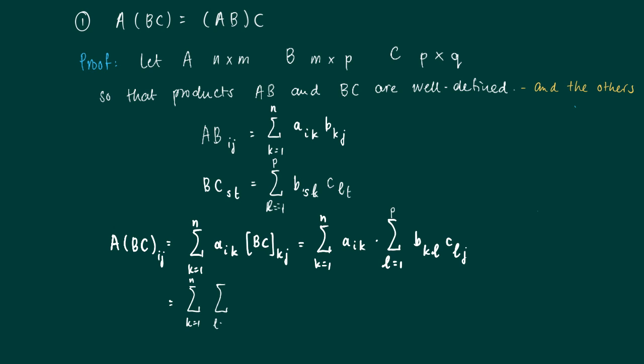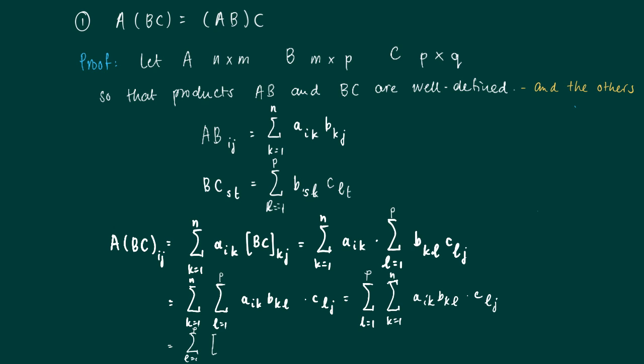It equals the sum k is 1 to n of a_ik, and we can move this sum out, or write a_ik to the inner part, and then we get this product of terms here. So now we can switch the sum sign, so we get the other sum now, L is 1 to p.